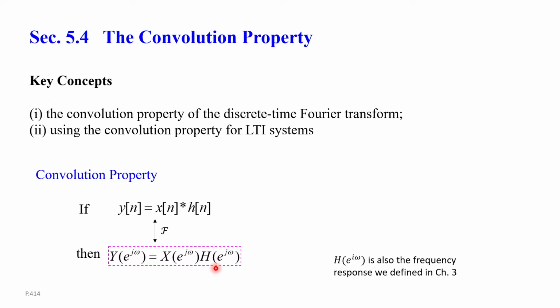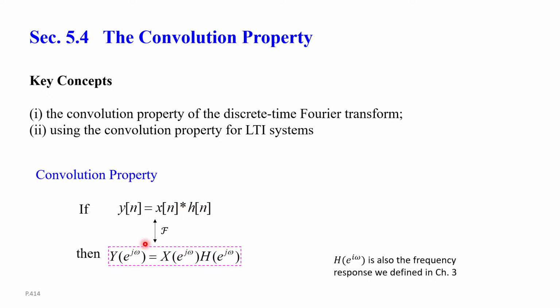We can give an interpretation of this. If x is your input signal, y is your output signal, and the small h is the impulse response of your discrete time LTI system, then in chapter 2 we know this is the input-output relationship of the LTI system.